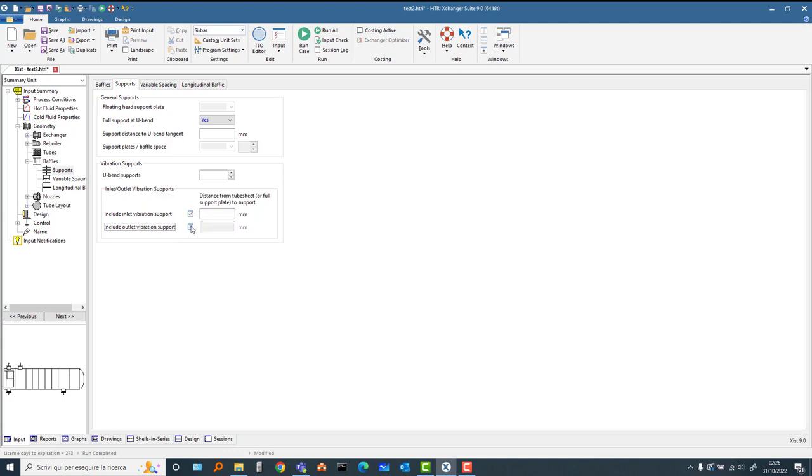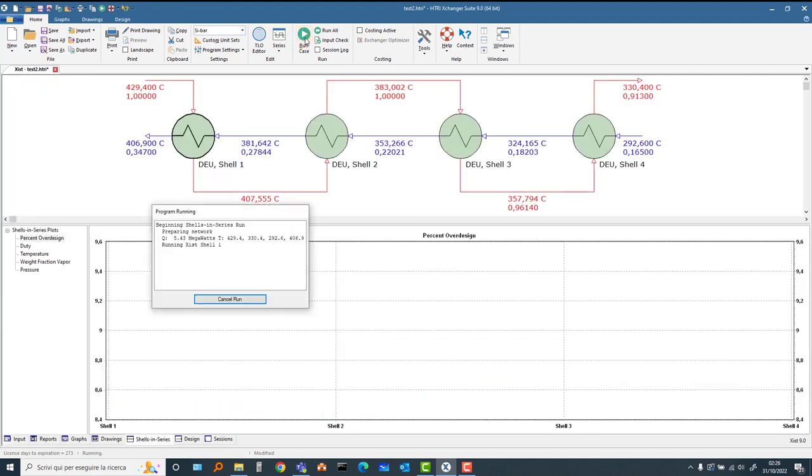The distance, if I remember correctly, the first baffle spacing and the last baffle spacing were equal and were 614. So half is 307. So we put this vibration support here, and then let's run again this case.